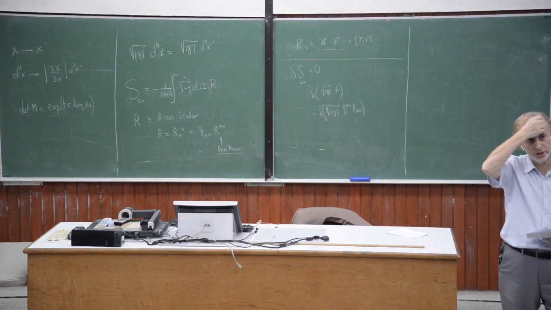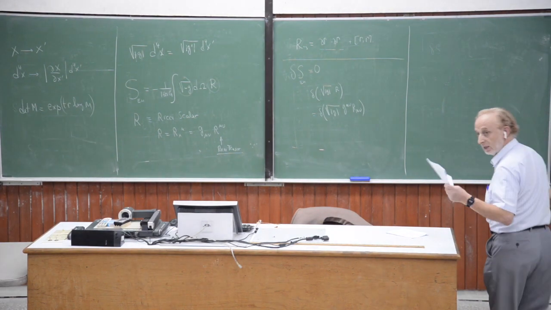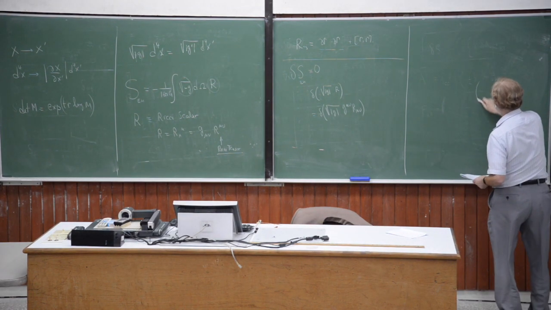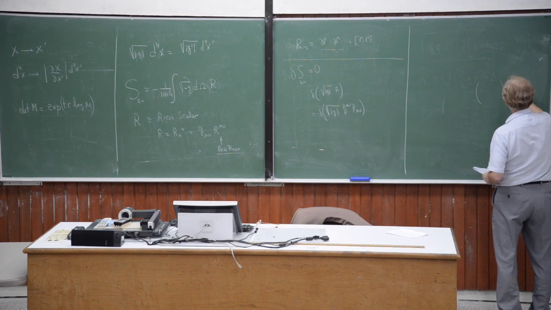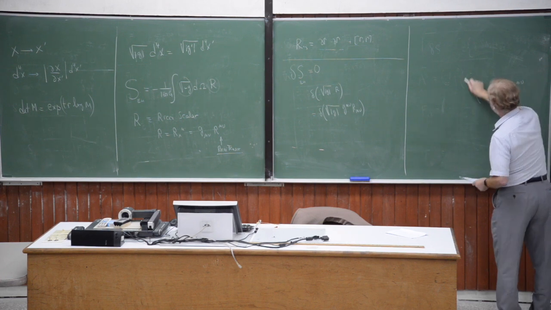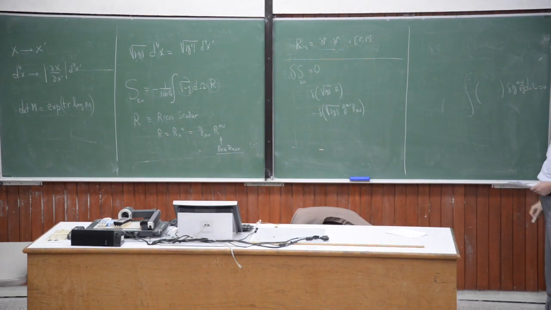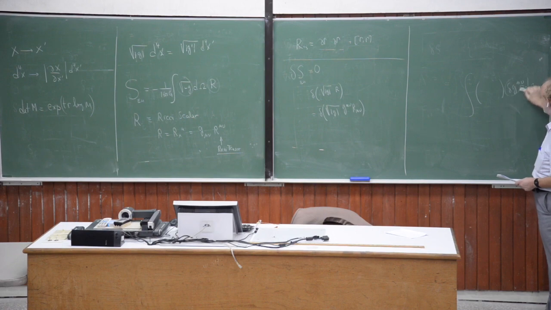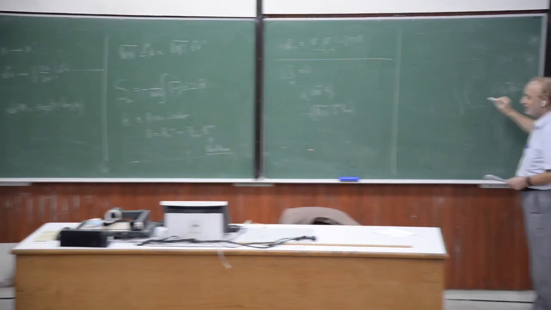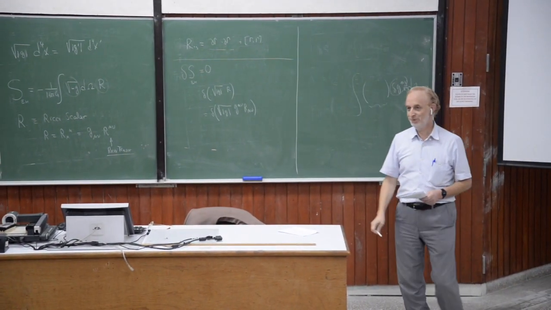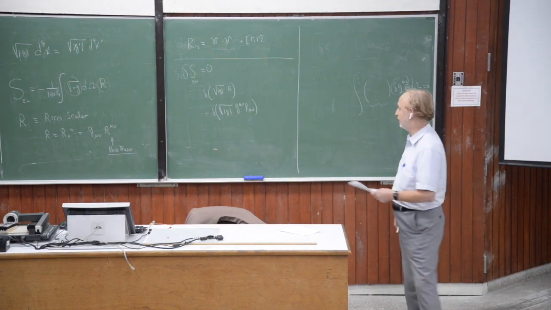Because eventually I would like to express, like I did before, something times delta G mu nu, integral d omega, equal to 0. And this is true for any delta G mu nu, and therefore this has to be 0. Eventually this is what I'm trying to get at.